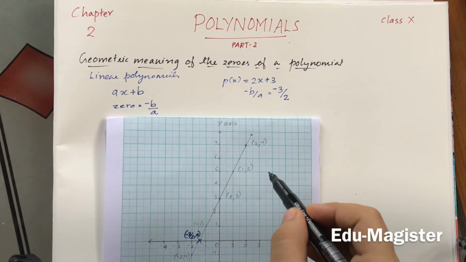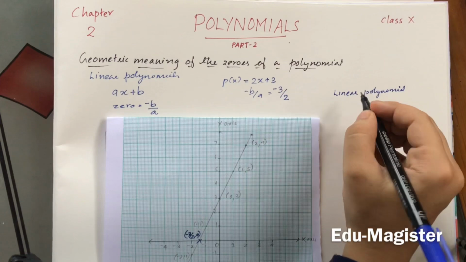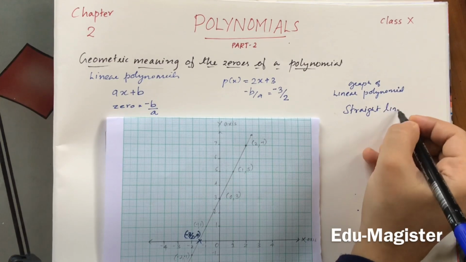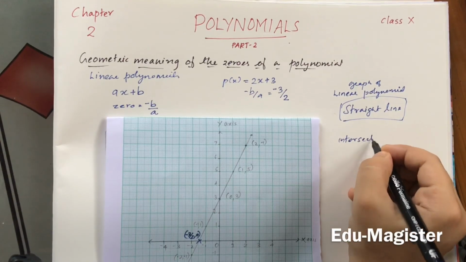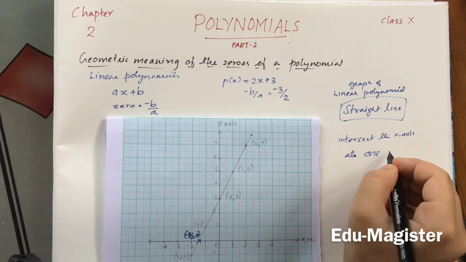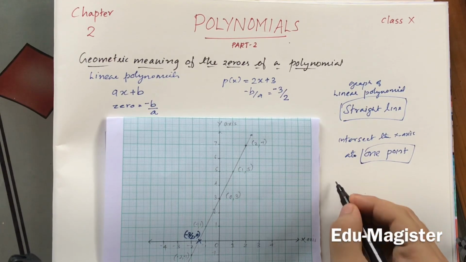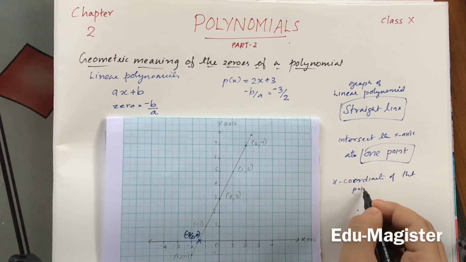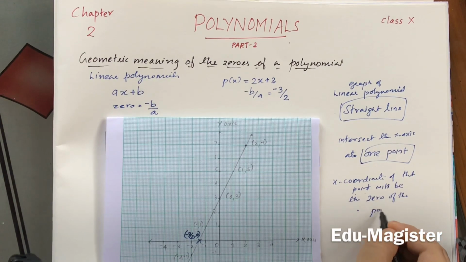So, you can say that the graph of a linear polynomial will be a straight line and it will intersect the x-axis at one point, and the x-coordinate of that point will be the zero of the polynomial.